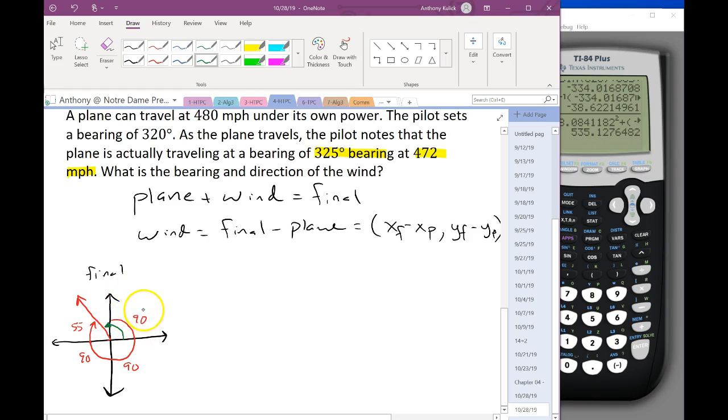We're interested in the standard position angle. So 90, and then the complement of 55 is 35. So I'm going to write this as theta f as 125 degrees. So my xf is going to be 472 cosine of 125, and yf is 472 sine 125.